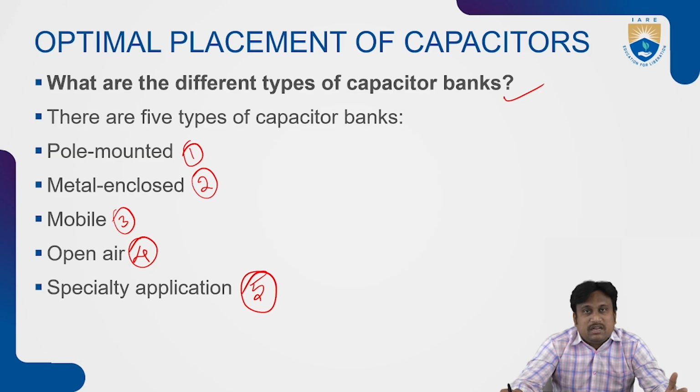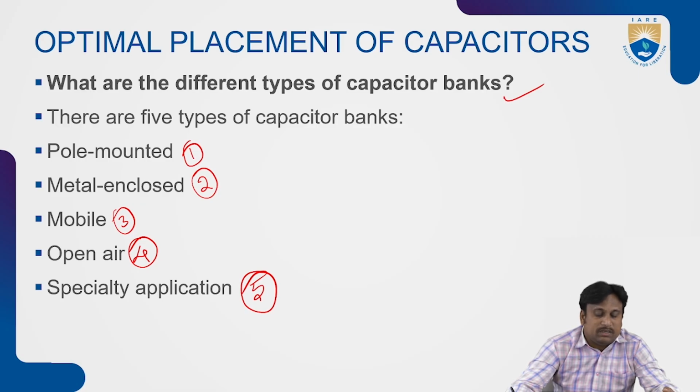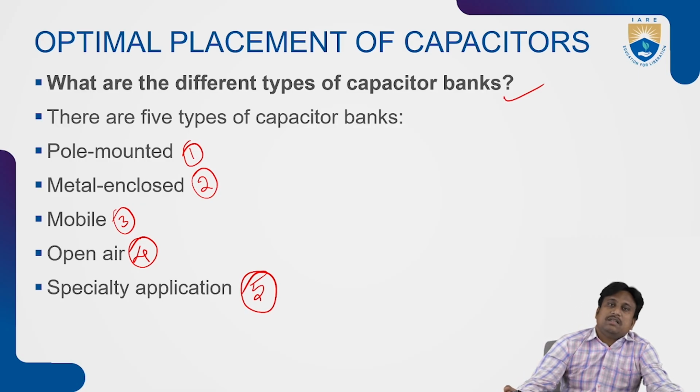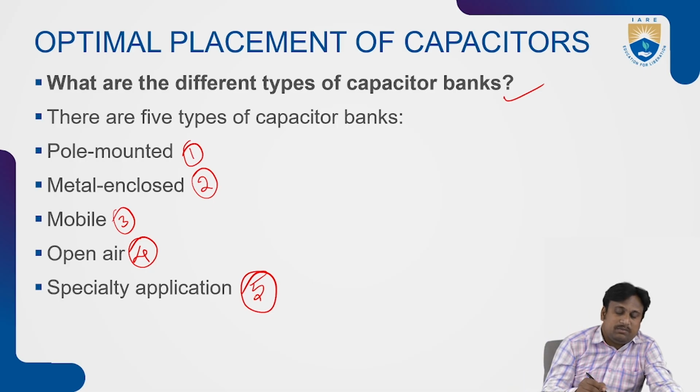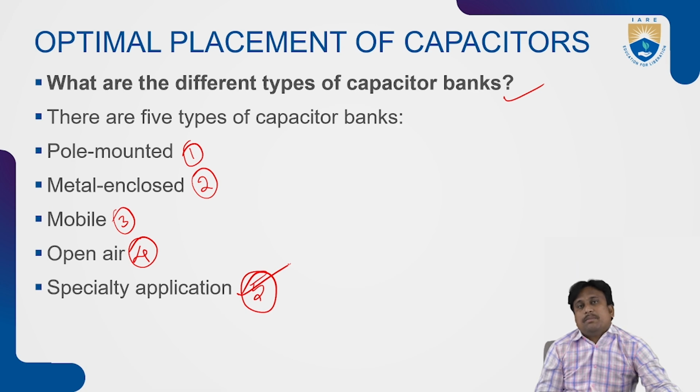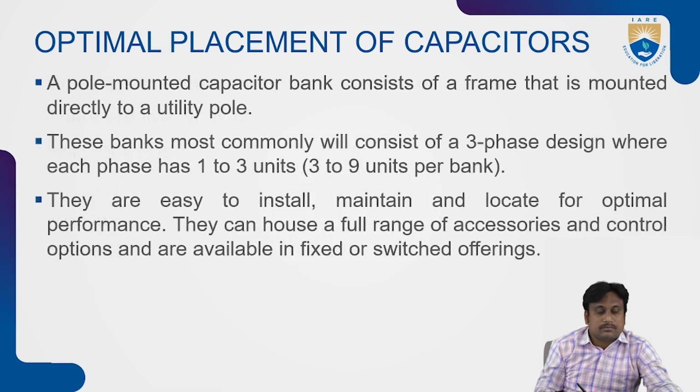So there are capacitors of pole mounted nature, ones covered by a metal enclosure, mobile constructed ones, open air ones, and finally specialty application, meaning sensor based and relay based construction based on the load requirement. We treat these as specialty application capacitor banks.